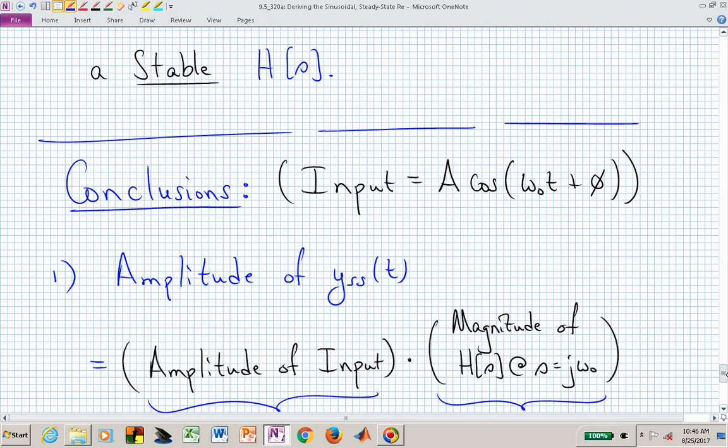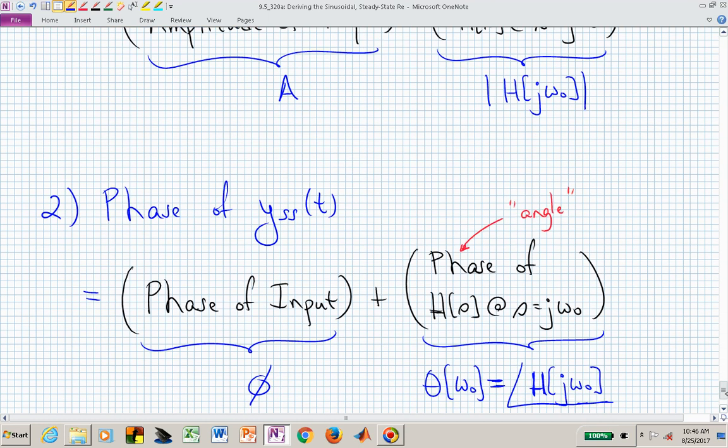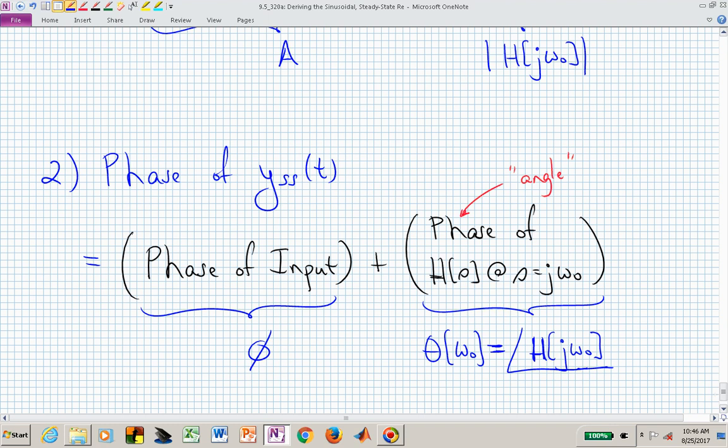Summing that up, applying a signal A cosine omega naught t plus phi to a system that has a transfer function capital H of S, the amplitude is simply changed by the magnitude of H evaluated at j omega naught. The phase of our sinusoidal steady state is modified by the phase of our transfer function H of S when it is evaluated at S equal to j omega naught.